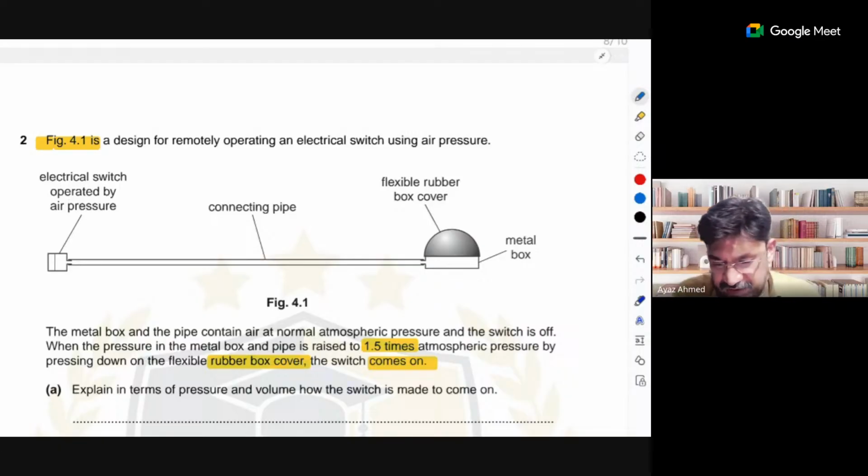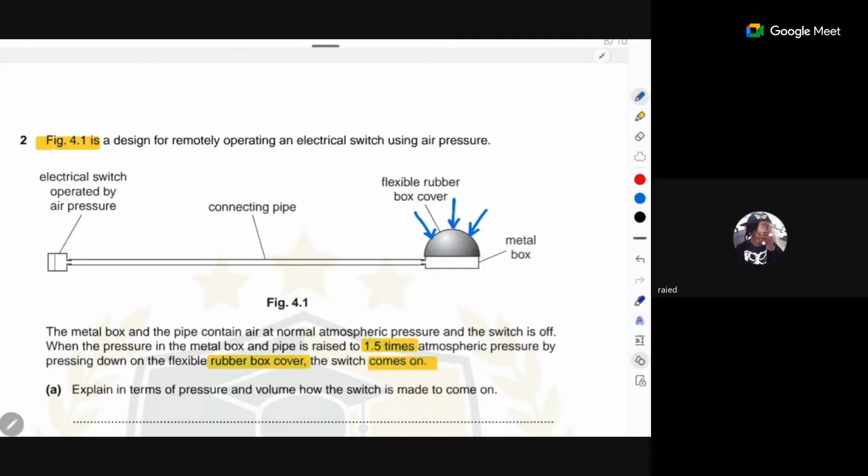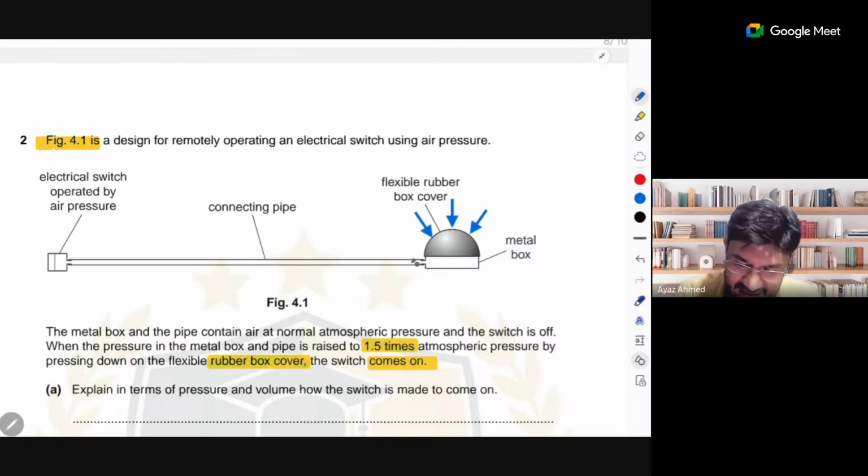Yes. So once you increase the pressure here, what will happen? The volume of the air is compressed, increasing the pressure. And that gas will travel through the pipe. We are going to decrease the volume now. By pressing, the volume is decreased.